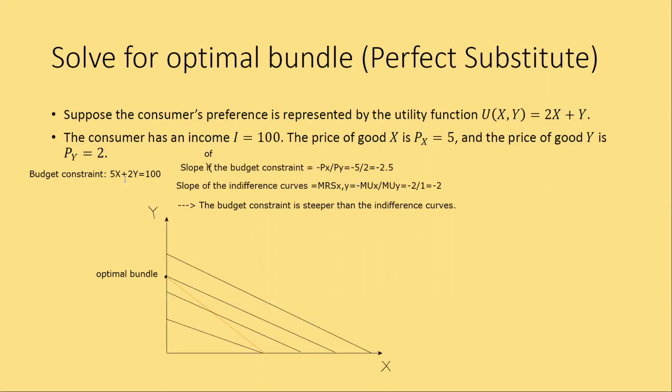So if we spend all of our income consuming good X, we can consume 20 units of good X. So this point is 20. And if we spend all of our income consuming good Y, we can consume 50 units of good Y. So the point that I marked over here is actually 50.